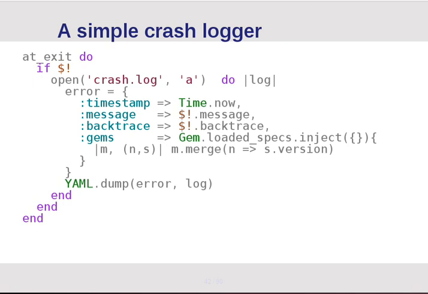We can just define an at_exit block, and in this example, the at_exit block checks the global error value. If there's an active exception, it logs some information about it to a log file. It logs a timestamp, the error message, the error backtrace, and in this case it also logs all of the gems that were loaded, and the versions of the gems that were loaded when the error occurred. I'm sure you can think of lots of other things that would be useful to put in that kind of crash log.